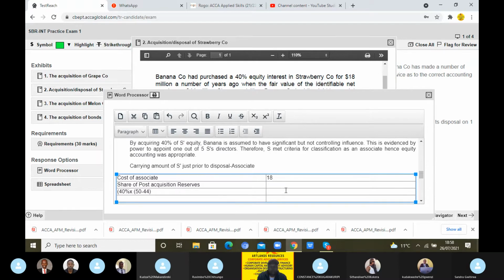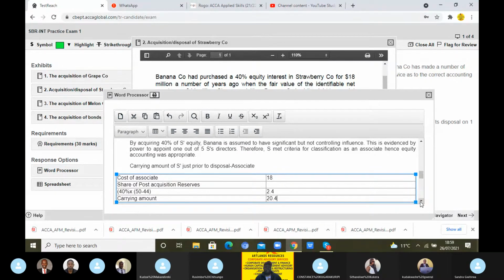So it's 40% of 6 actually, and 40% of 6 is 2.4. So the carrying amount of the associate then was 20.4. That was the carrying amount of the associate.